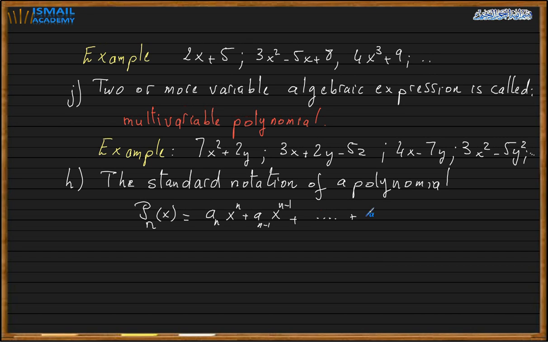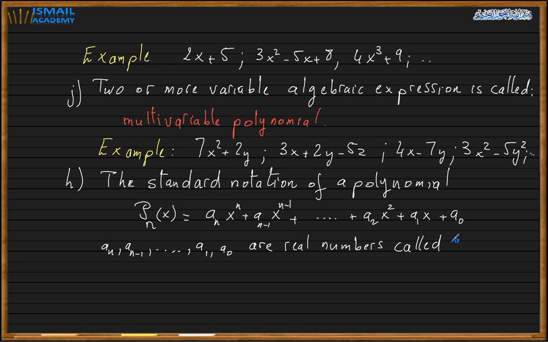And a_n through a_0 are called the coefficients of the polynomial.